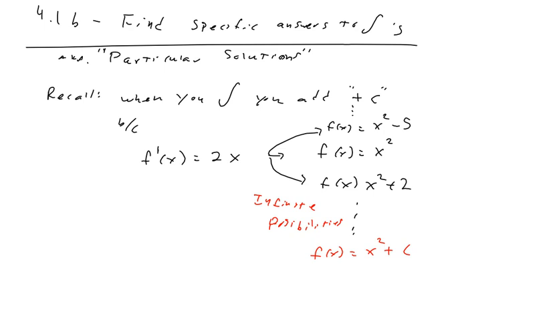If you imagine what this looks like visually, the graph of the derivative f prime looks like this, through the middle. This is 2x.